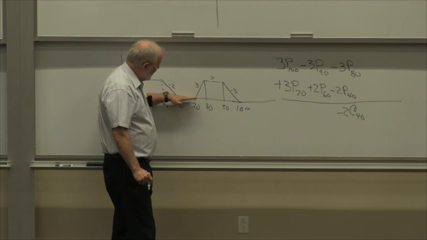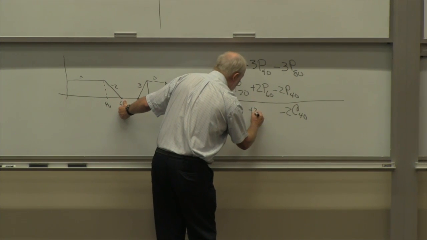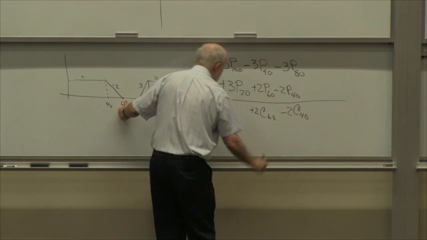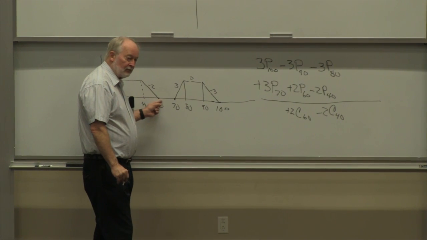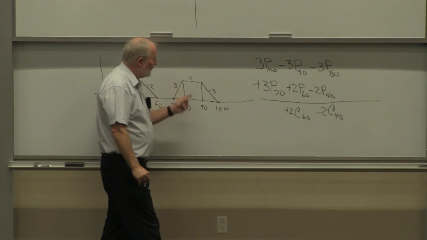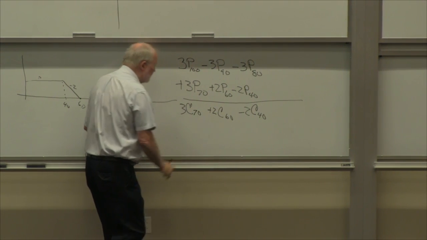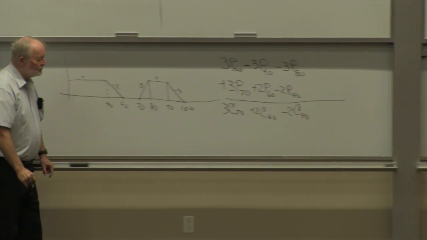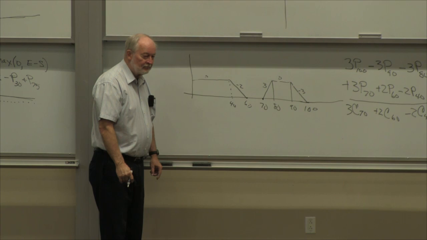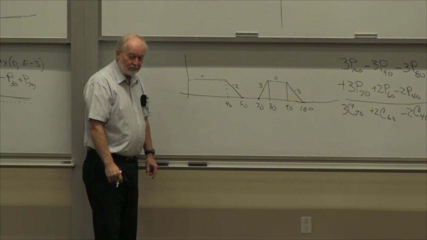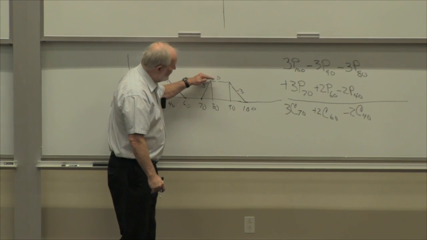Now I want to flatten out, so I better buy 2 calls at 60. Flattens out, I want to go up 3, so I want to buy 3 calls at 70. Now what I'm doing is I'm going up at 3. I want to flatten out.